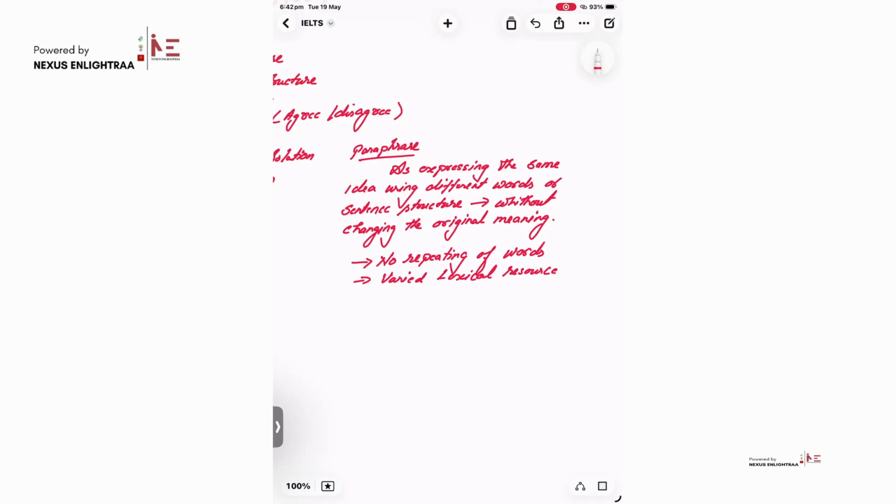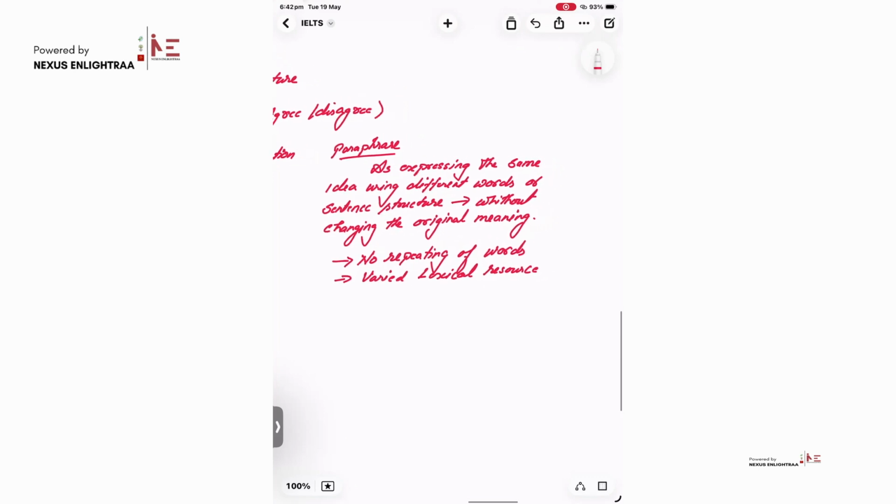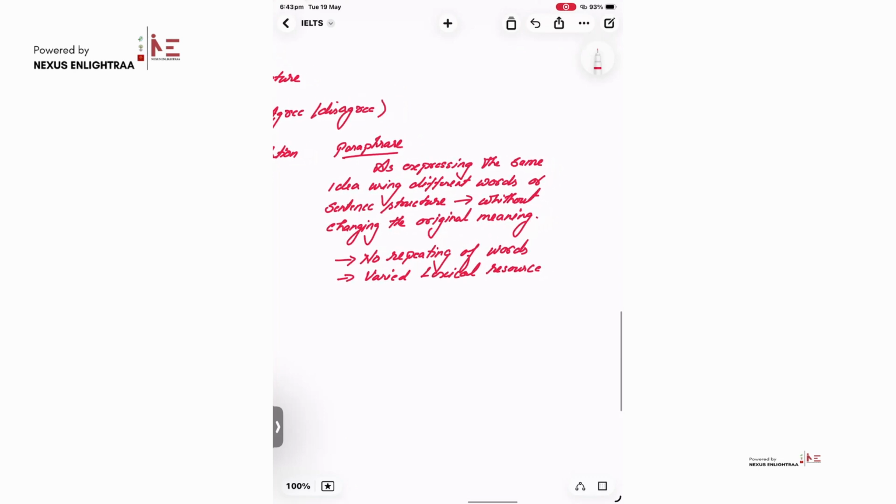And about 33% of your marks in IELTS is decided by how you paraphrase it. So this is a very important part of your IELTS writing. You should know this thing by heart. We will see an example of how paraphrasing is done.